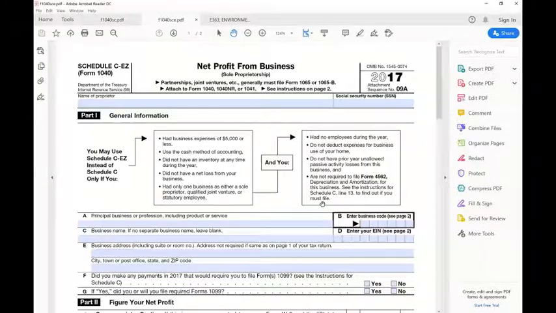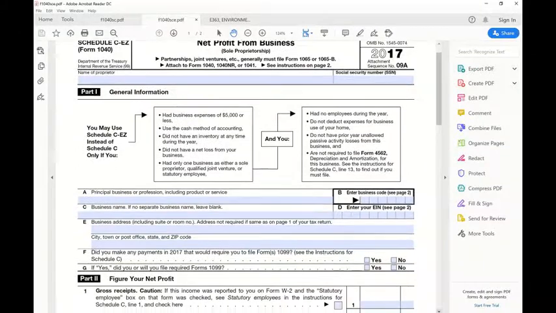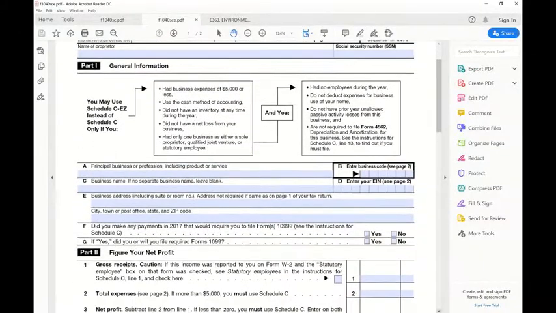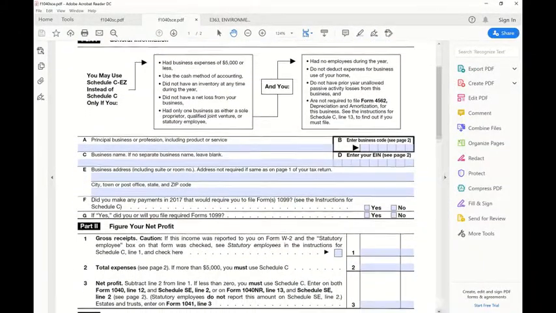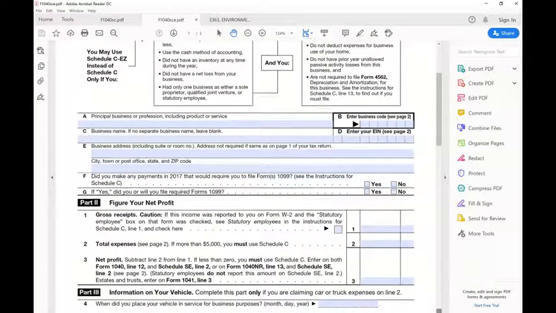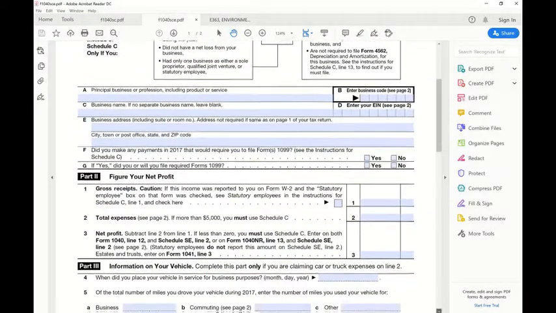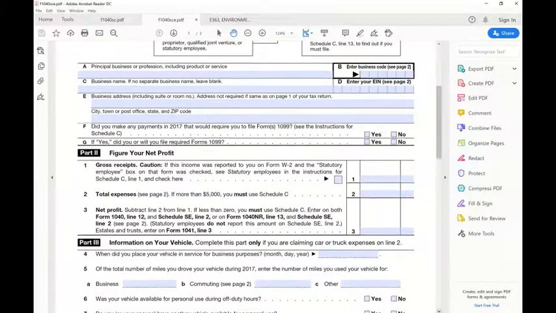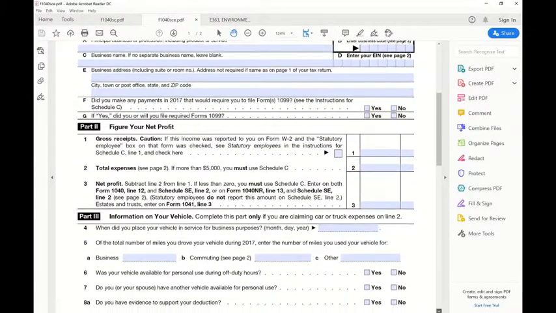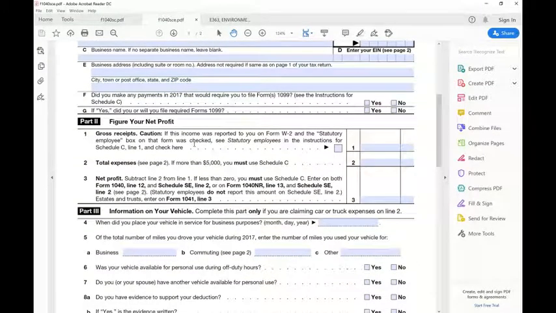And we have some other information here. This is mainly personal information: personal details, principal business or profession, business name, business address, city, town, or post office. Okay, and figure your net profit. So we have just one line, and we don't have detailed information about the revenue or the income.